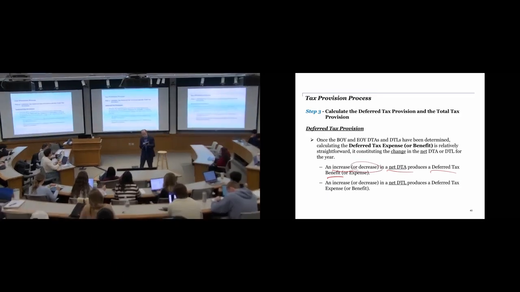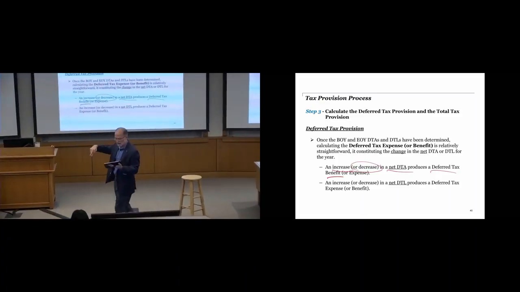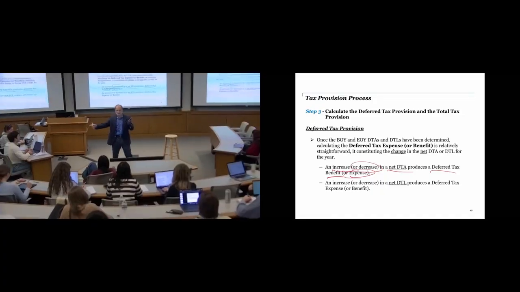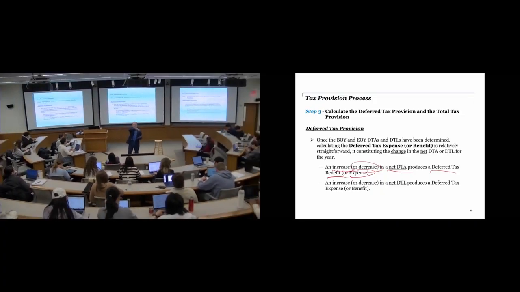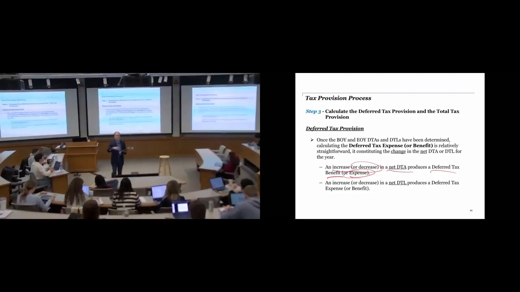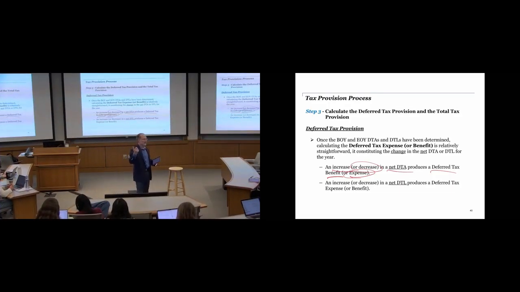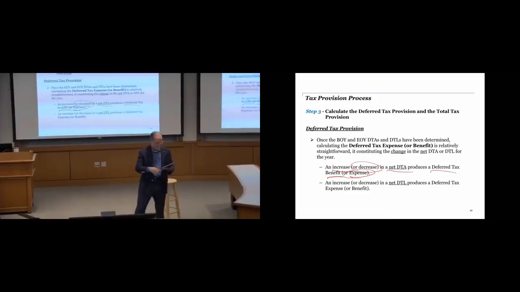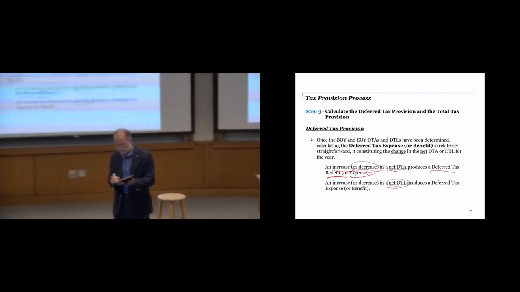If I do the parenthetical, if I decrease a DTA, then I have to credit deferred tax asset. My debit toggles over to the income statement as a deferred tax expense. Right? So I'm effectively using my deferred tax asset. An increase or decrease in a net DTL.